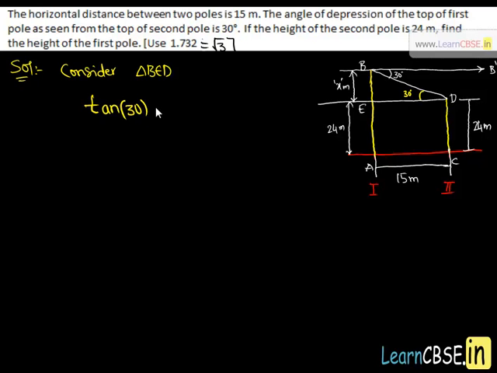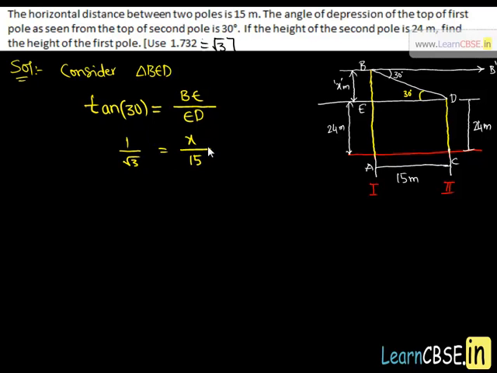Therefore tan 30 degrees is the ratio of perpendicular to its base. The perpendicular is BE. Base of triangle BED is ED. We have BE is x meters and ED is 15 meters. From the tables we have the value of tan 30 degrees which is 1 upon root 3.